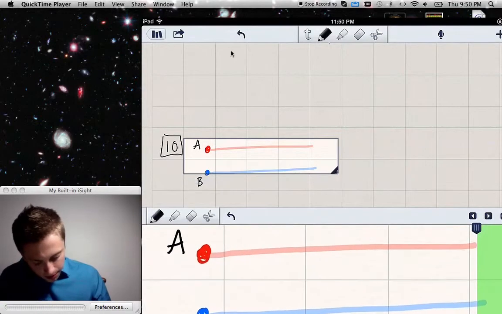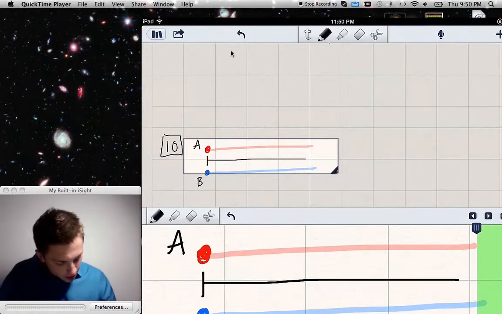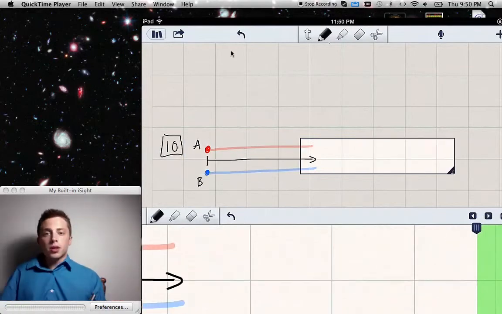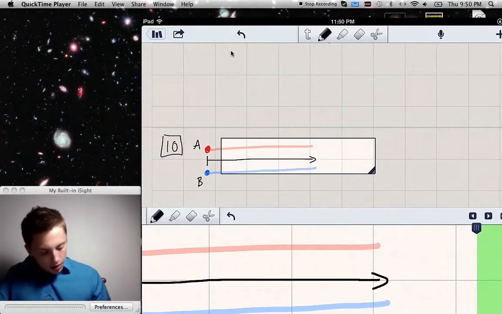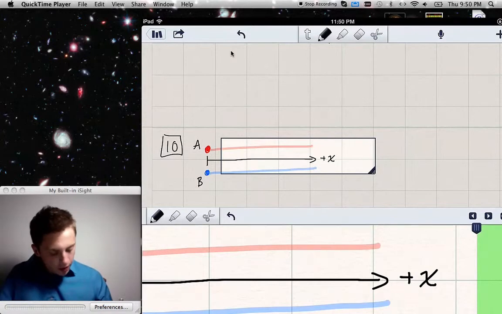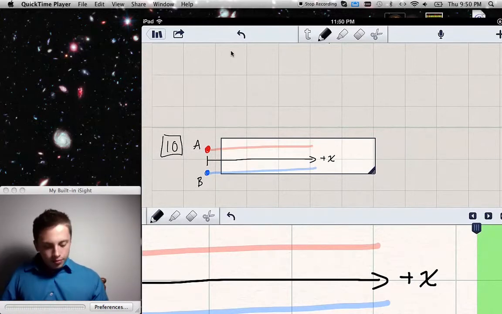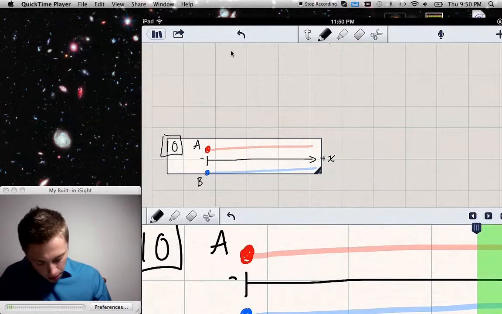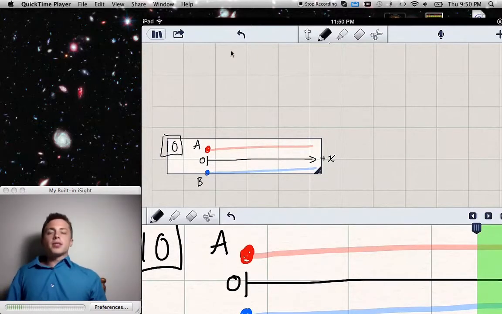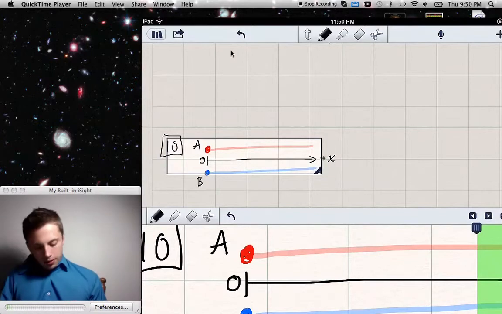So, let's choose a nice coordinate system which runs parallel to both of these cars' paths. We'll call it the x direction, put the increasing x direction in the direction of motion, which is a good rule of thumb to avoid negative sign issues. Okay, and we'll put our origin at the starting point of the cars. So x is equal to 0 where they're both starting.